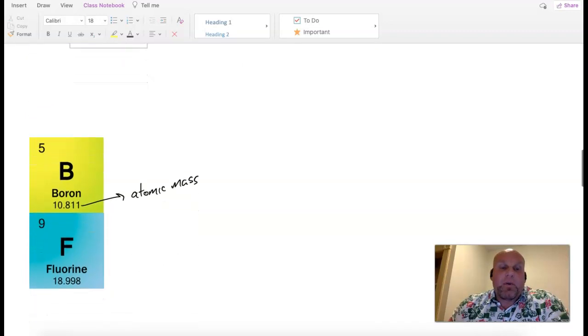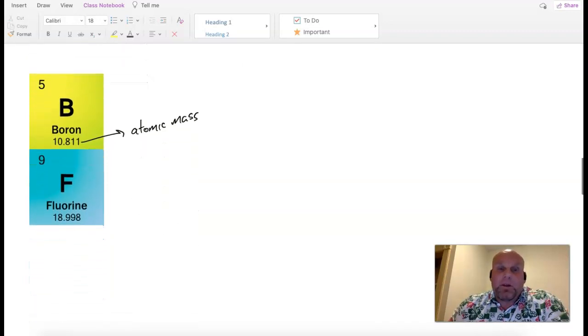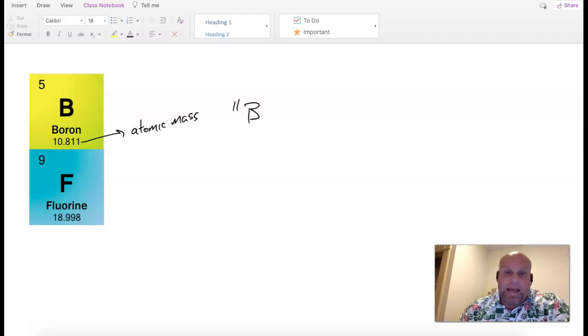Now, here's an example of what it may look like if I were to look on a periodic table. Now, I am not given the mass number on the periodic table. I'm given the atomic mass, or as we'll see in our second video from this section, the average atomic mass. In this case, if I take my atomic mass and round it to a whole number, in this case it would be 11, then that's the value I'll use for the mass number.